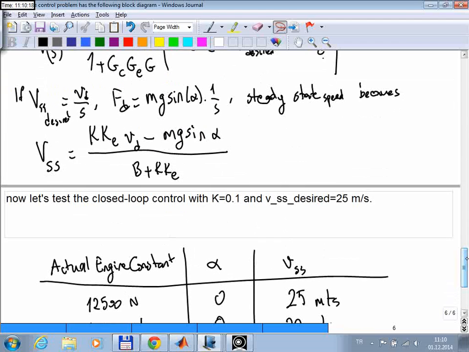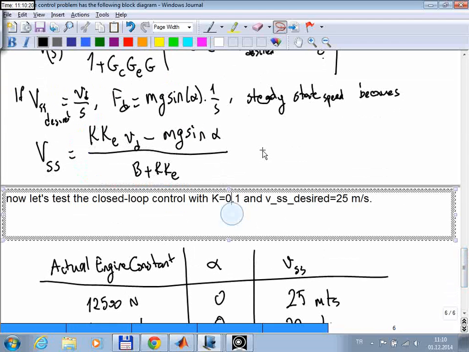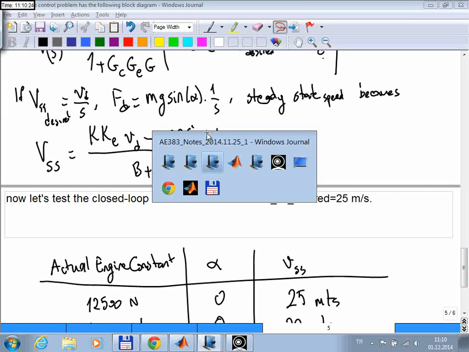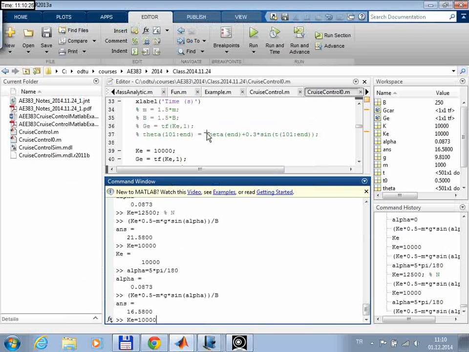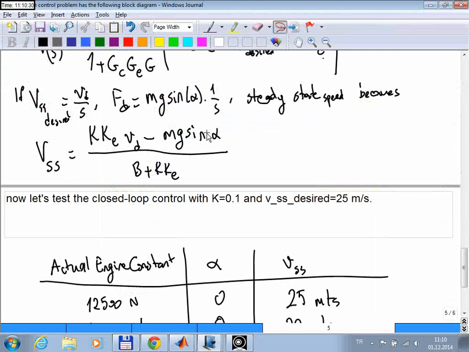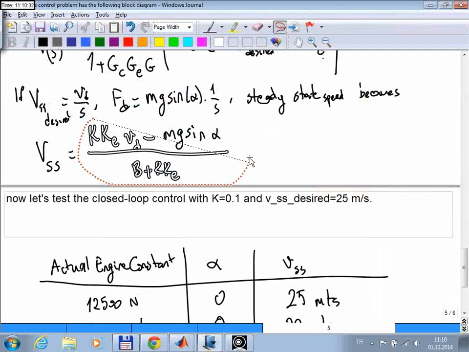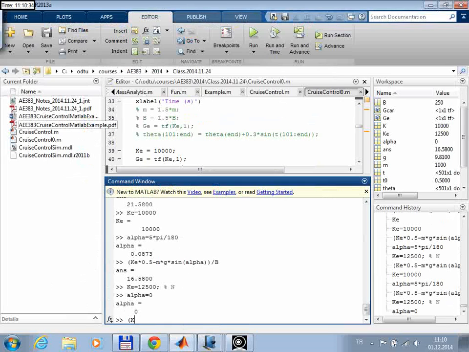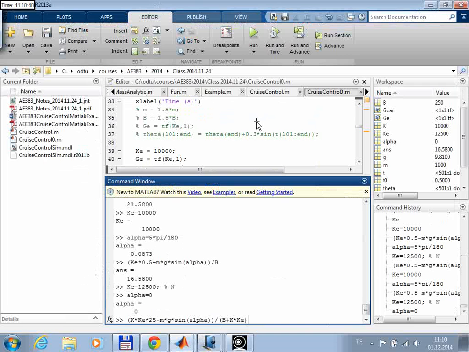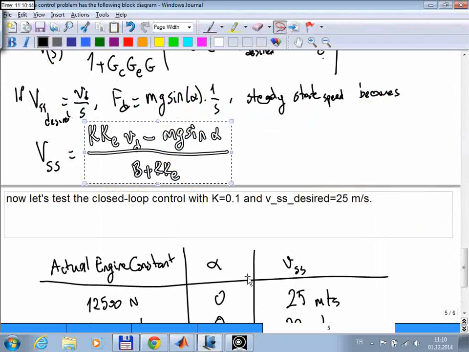Okay, so now I'm going to calculate these numbers for different values of alpha and Ke. I start with the ideal case. So let me make sure that Ke is equal to the ideal number and alpha is equal to 0. And now I need to calculate this quantity. So Vd is 25, mgc now divided by B plus K times Ke.